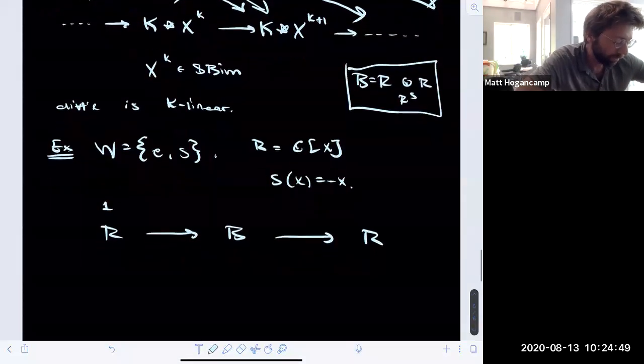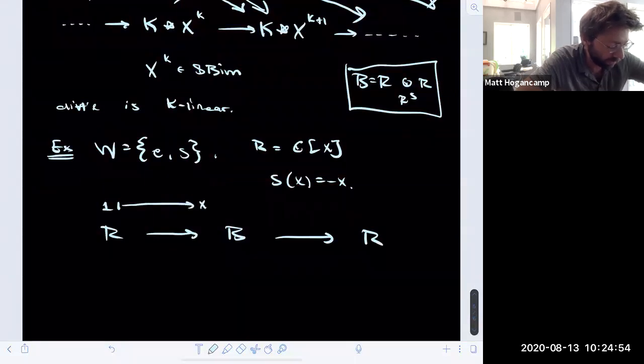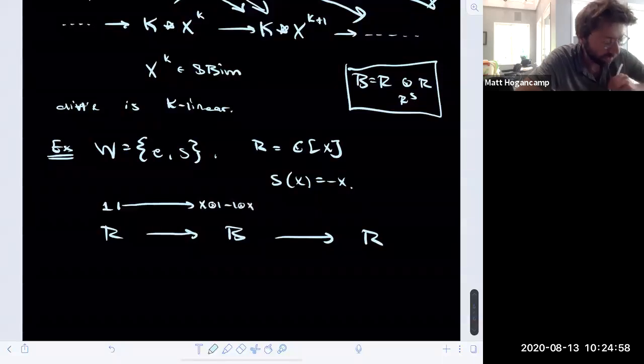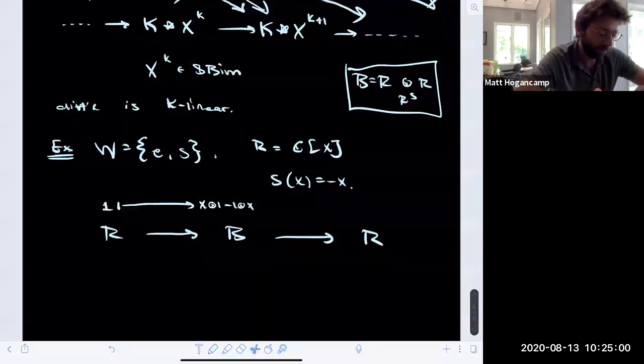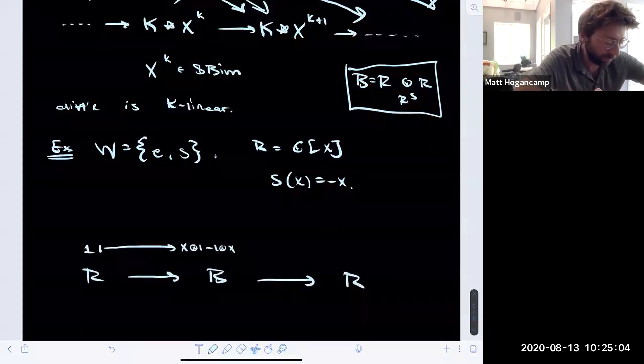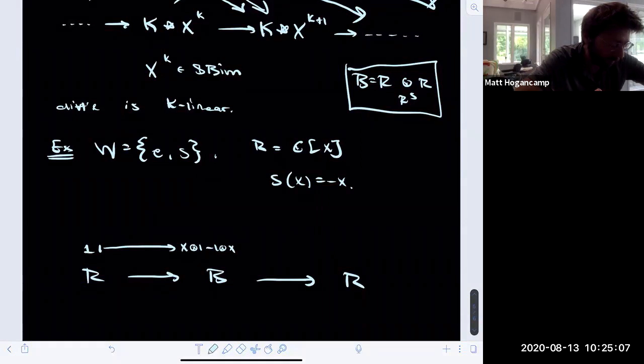So you have a bimodule map from R to B that sends 1 to this tensor. Then you have a bimodule map from B into R that sends 1 tensor 1 to 1.